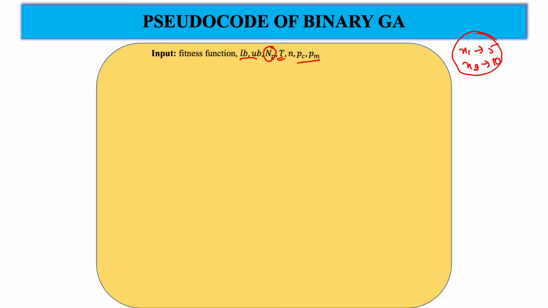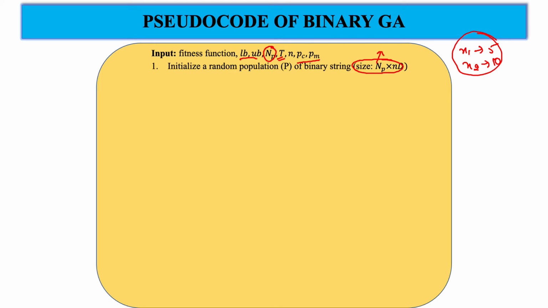Okay, so the first step is to initialize a random population of binary strings. So we have seen the size of the population matrix will be the number of population members.